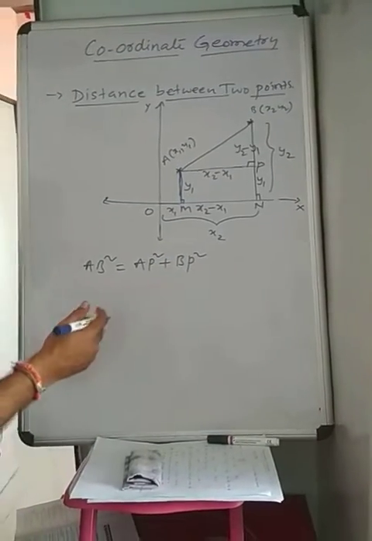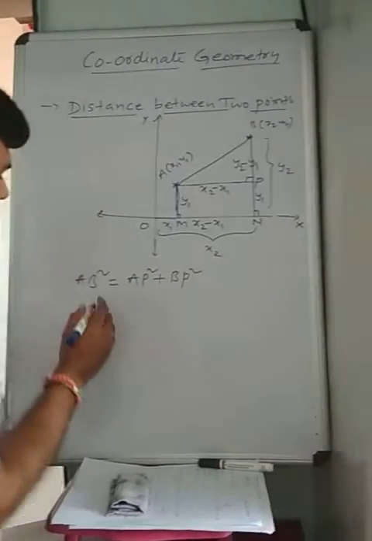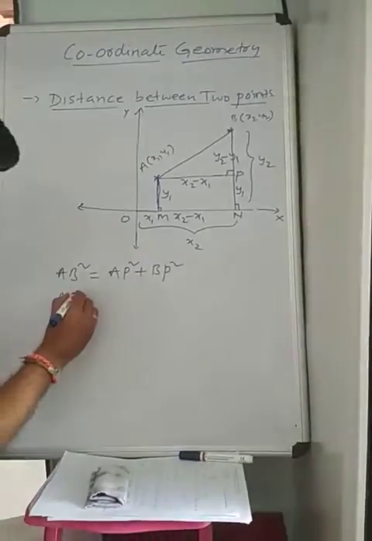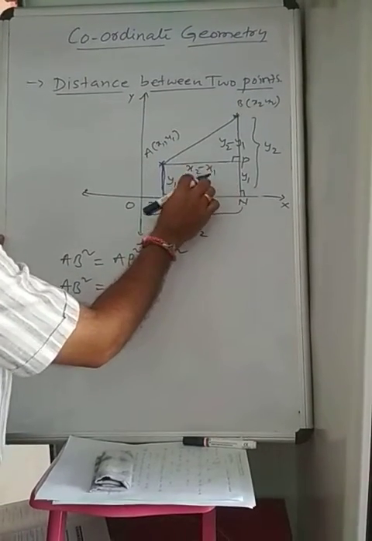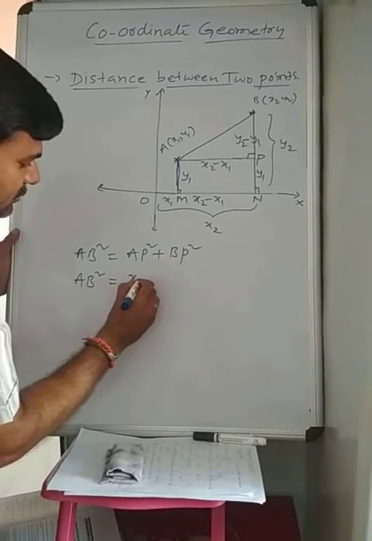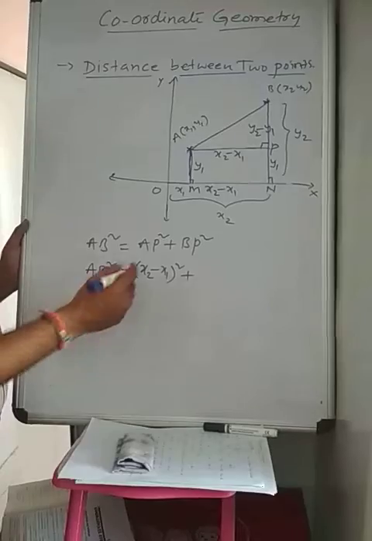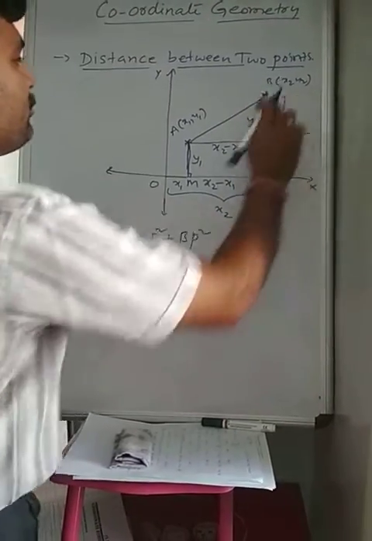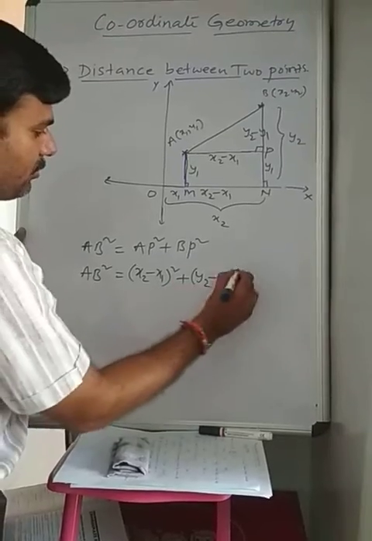So AB square is equal to (x2 minus x1) whole square plus (y2 minus y1) whole square.